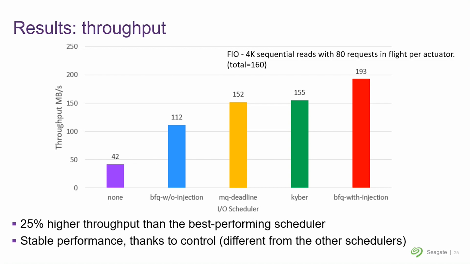We have 4K sequential reads with 80 requests in flight per actuator again. Using the none I/O scheduler, and this surprised me, for whatever reason, it doesn't do well on dual actuator. The early BFQ, before we started modifications, the legacy BFQ that's still the default in Linux today, although we submitted this new BFQ about 2-3 weeks ago for the latest version of Linux.